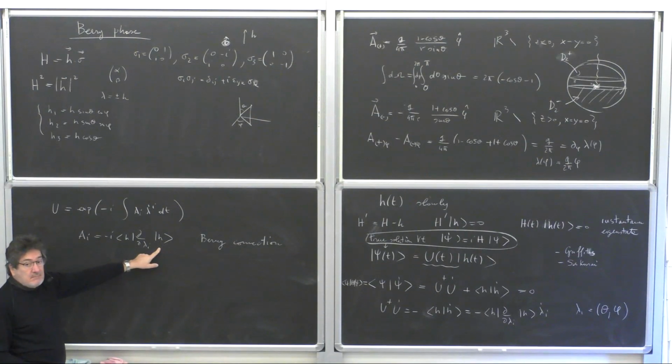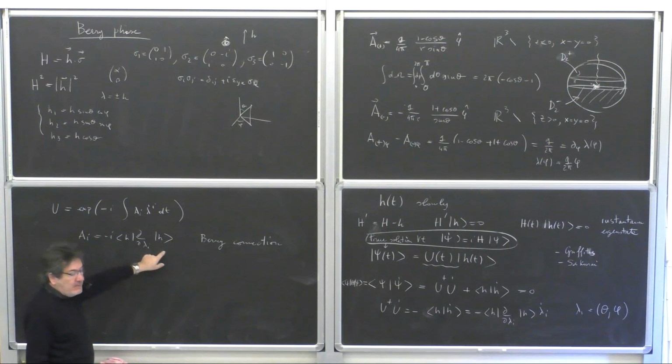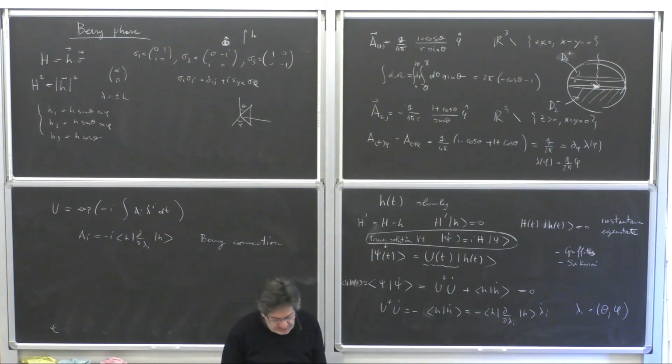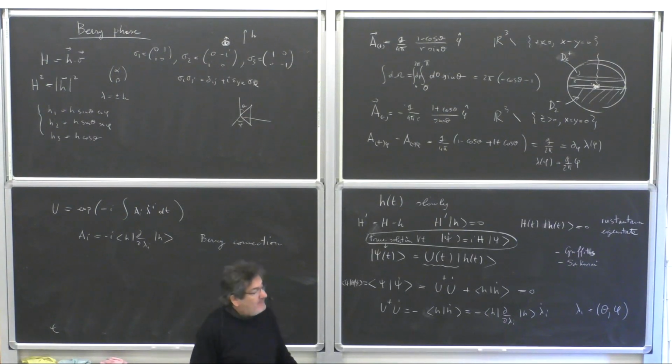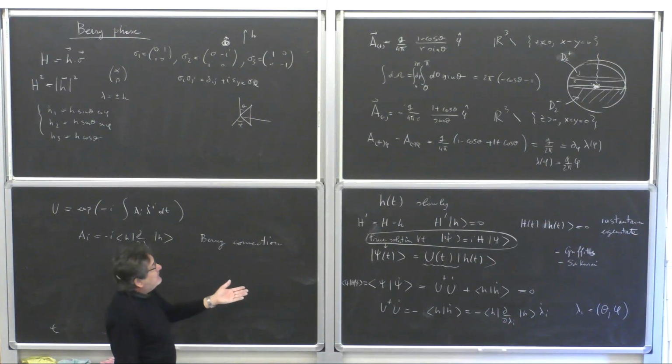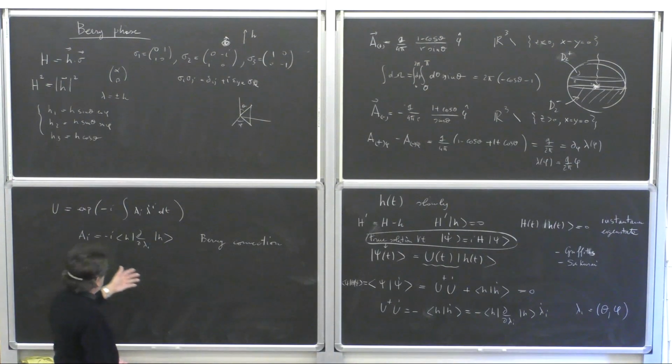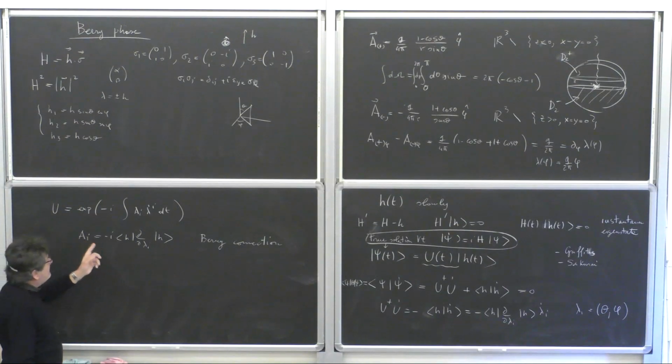Okay? Okay, maybe now I stop because I have some more consideration to make. So by varying adiabatically the quantum mechanical problem, I have a phase, and this change of phase can be represented by a kind of gauge potential or Berry connection, which is obtained from the parameters of the Hamiltonian.